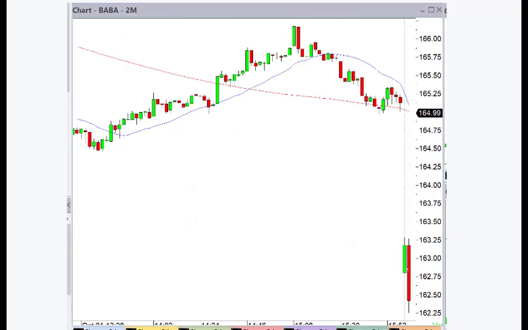When it eliminates 80% of the green bar, I start entering. Not here. That would be confirmation entry.